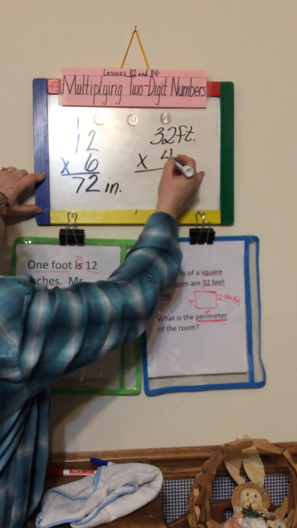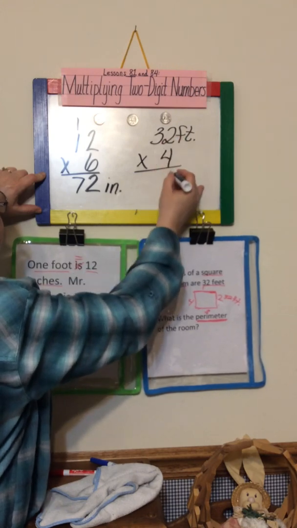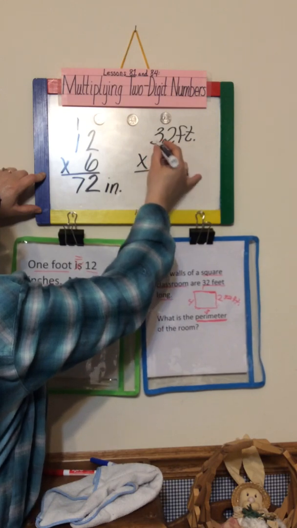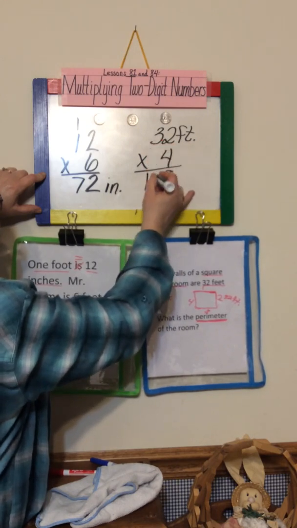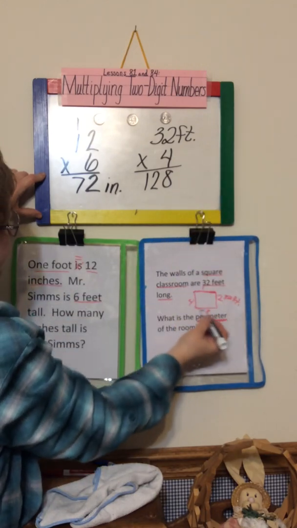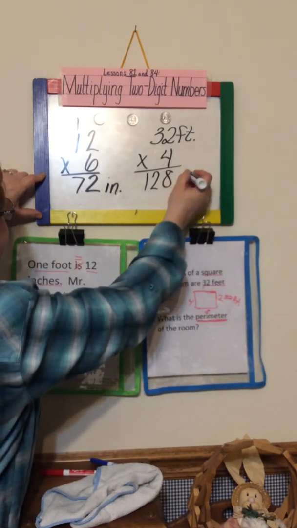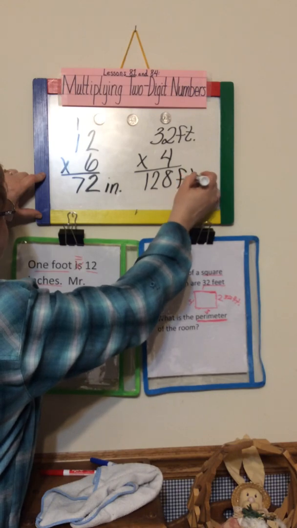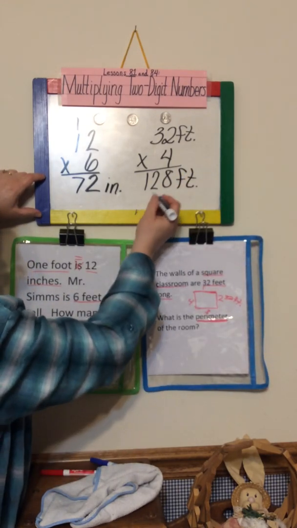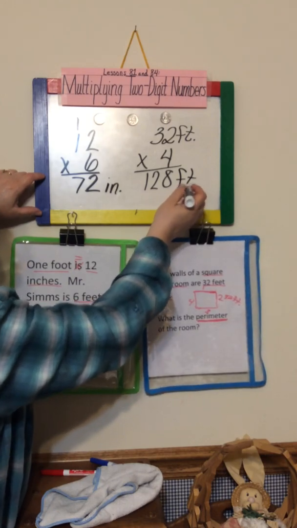Remember, we multiply the ones first. 4 times 2 is 8. 4 times 3 is 12. And all the way around would be in feet. So the perimeter of the room is 128 feet.